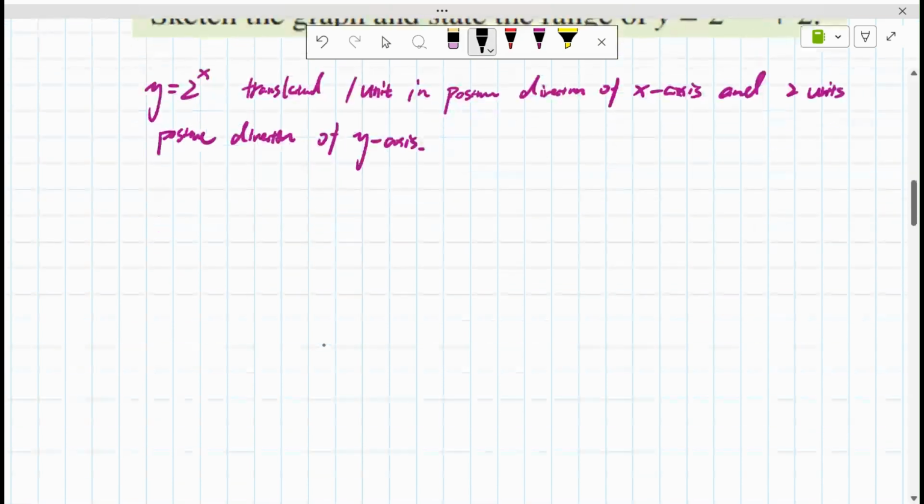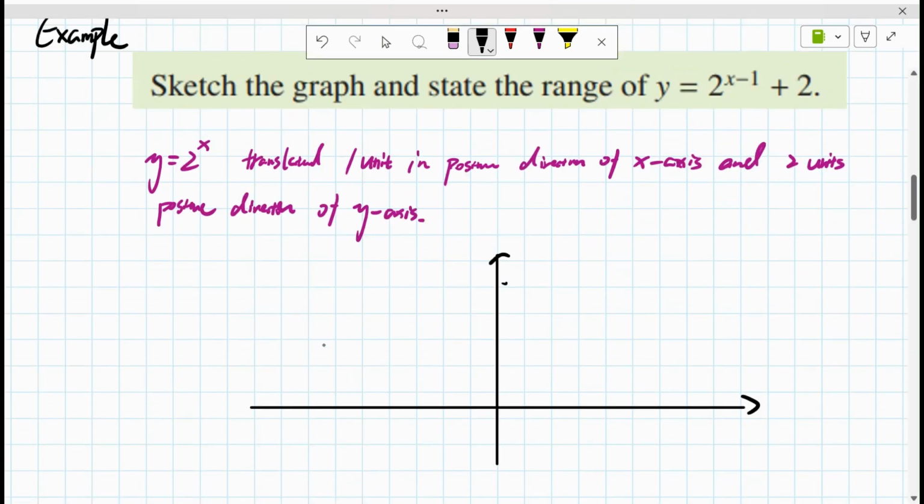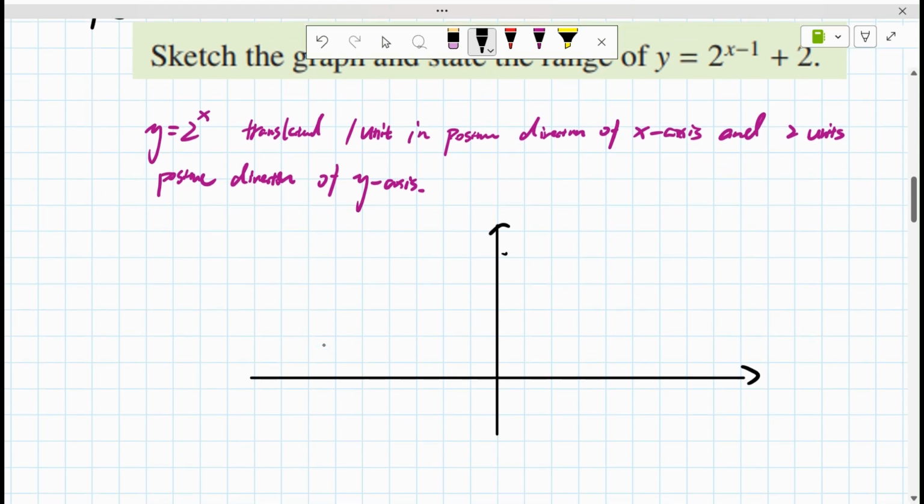And then we could draw the line like that. Perfect. And the first thing we're going to find is the asymptote. Can anyone tell me what the asymptote is? It's k, right? So we could say y equals 2 is the horizontal asymptote. We're going to draw the line at 2, which is the horizontal asymptote.